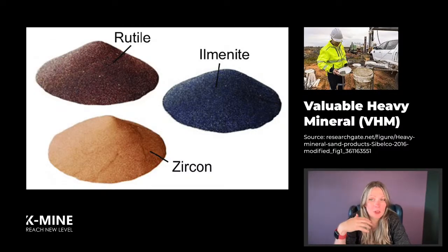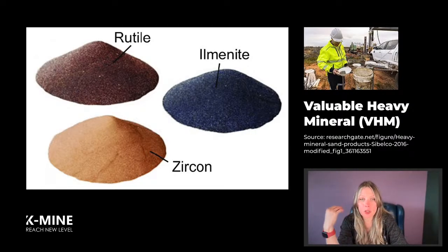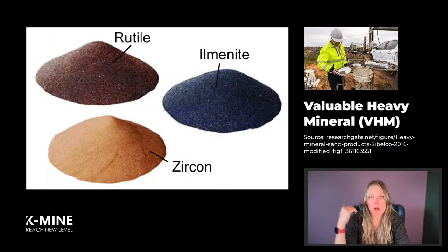First, we determine the value of 1 kilogram of each mineral in concentrate, essentially the price of the concentrate divided by the mineral's content per ton. Then we calculate the price ratio of each mineral compared to ilmenite. For instance, rutile may be worth 5 times more per kilogram than ilmenite.